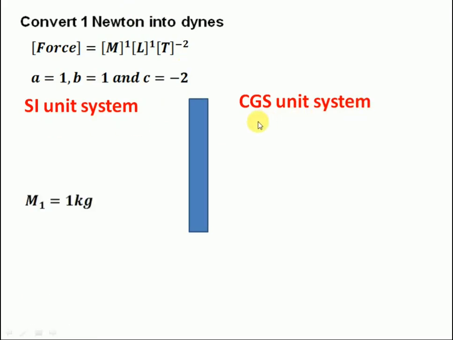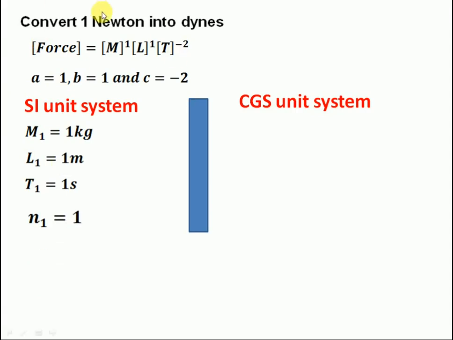In the SI system, the unit of mass is kg, length is meter and time is second, so the value of n1 is 1. In the CGS system, mass is in gram, length is in centimeter, time is in second, and n2 we have to find.